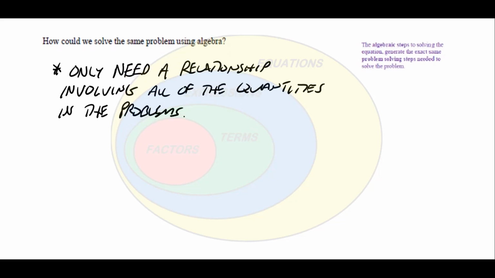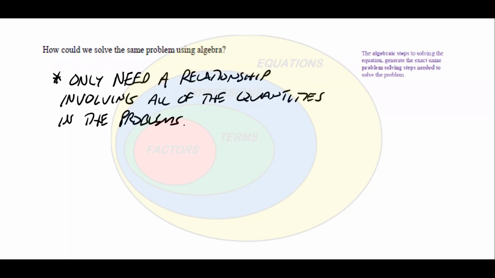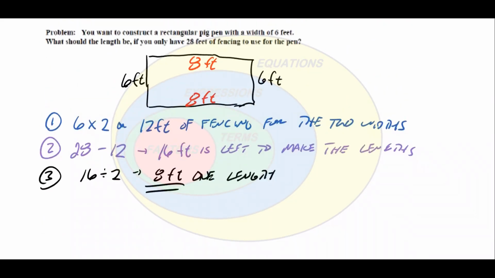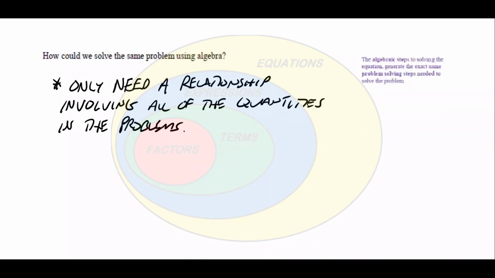So when we think about this pig pen problem, it's a rectangular pig pen. Well, the fencing represents the perimeter of a rectangle, and that's the relationship.